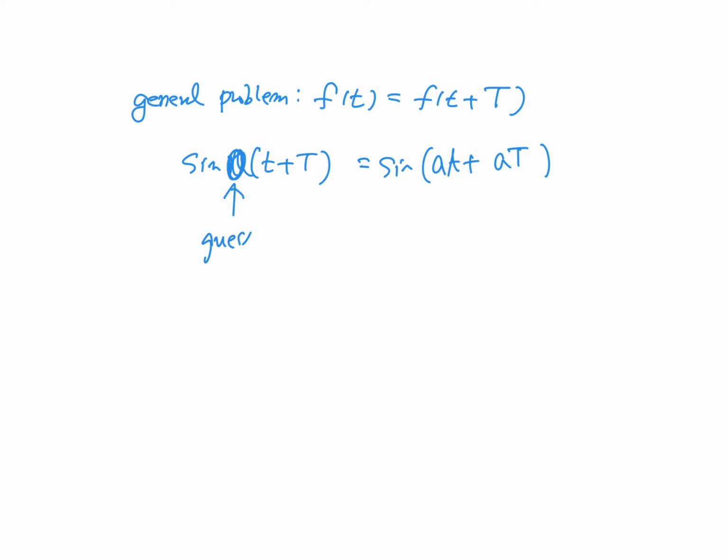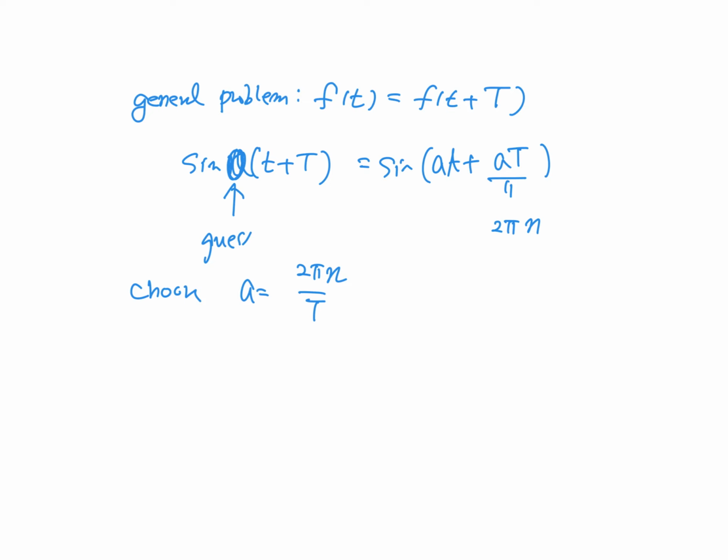So aT has to be what? If it is 2 pi n, then the function can be made periodic, right? So choose a as 2 pi n over T. Then you can make the function periodic for arbitrary period of T and use the same analysis.